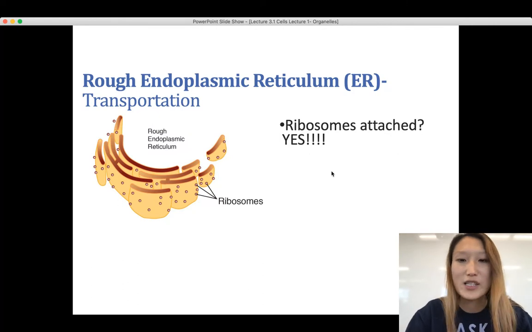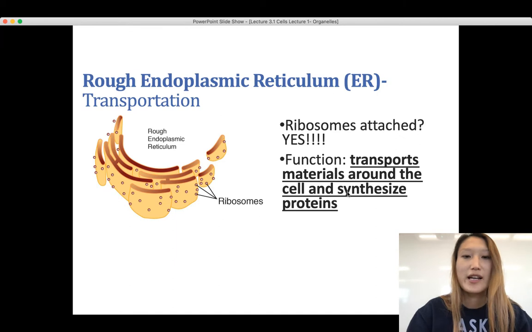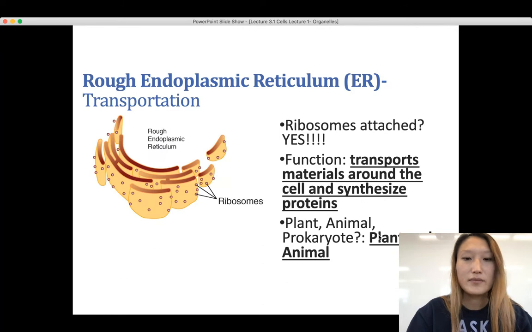It will help transport material, especially proteins, inside the cell, and not only make the proteins. What type of organisms can have it? Plants and animals, or any kind of eukaryote can have it, because this is a membrane-bound organelle. And prokaryotes, such as bacteria and archaea, do not have any membrane-bound organelles.